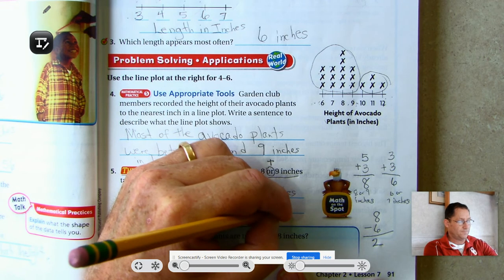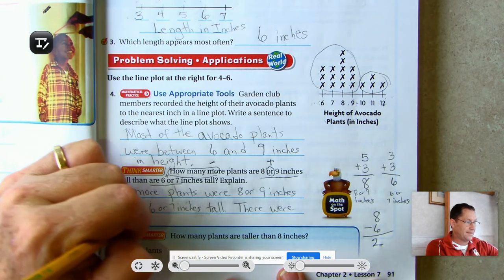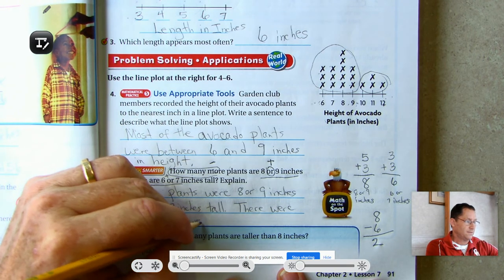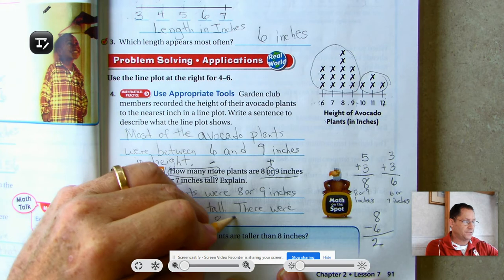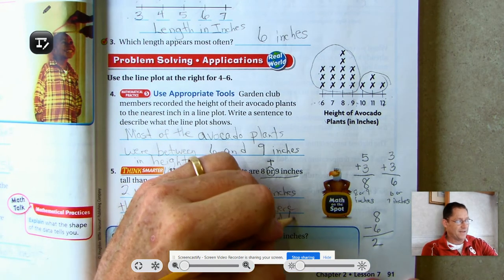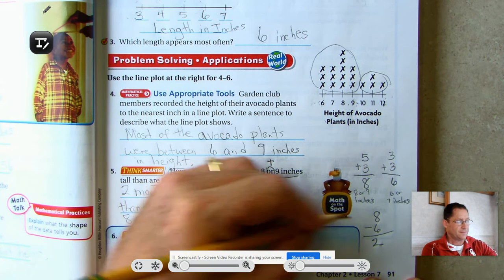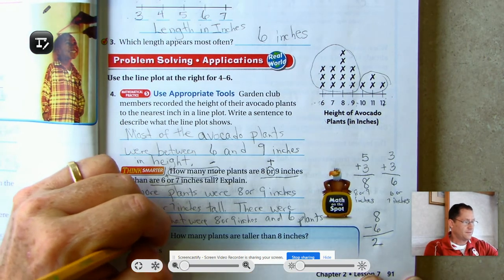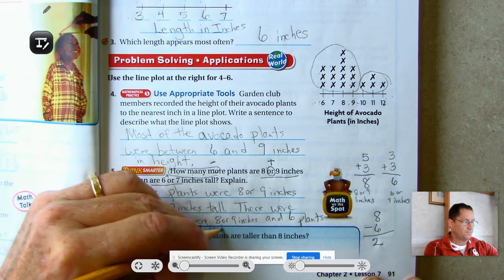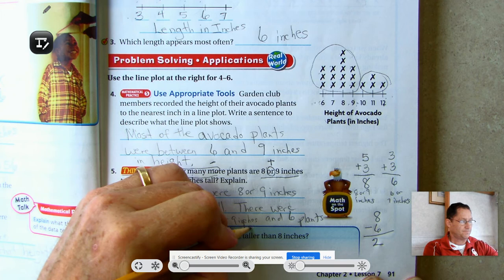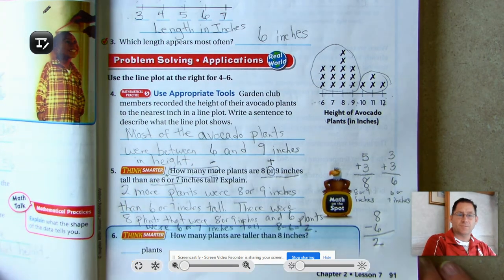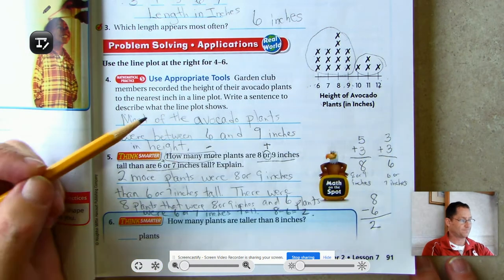There were 8 plants that were 8 or 9 inches, and 6 plants were 6 or 7 inches tall. 8 take away 6 equals 2. So basically we're just explaining what we did.